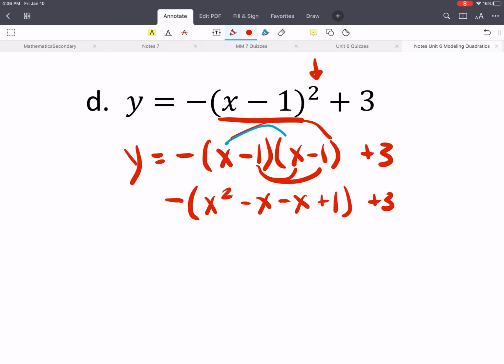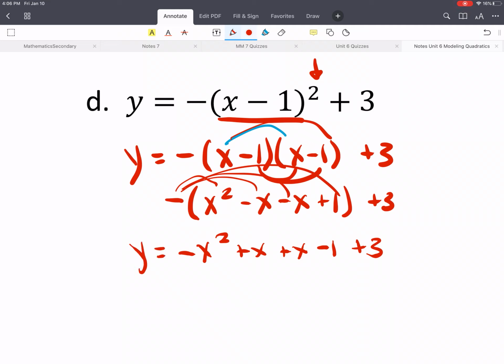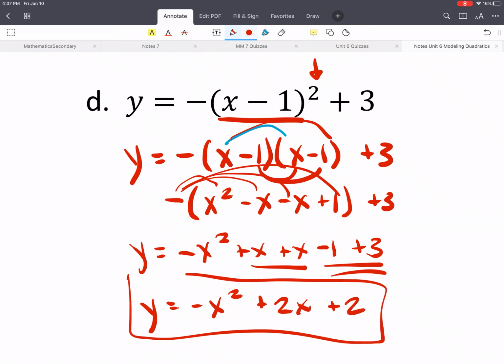All right, next we'd want to distribute that negative, so negative x squared plus x minus 1, and then we'd have that plus 3 again. Combine like terms, those are like terms, those are like terms. So we get y equals negative x squared plus 2x plus 2. That would be your answer in standard form.